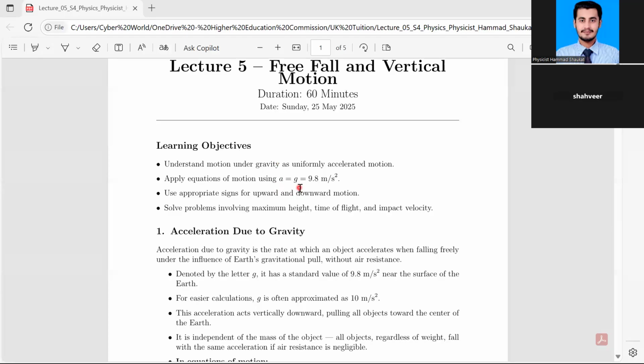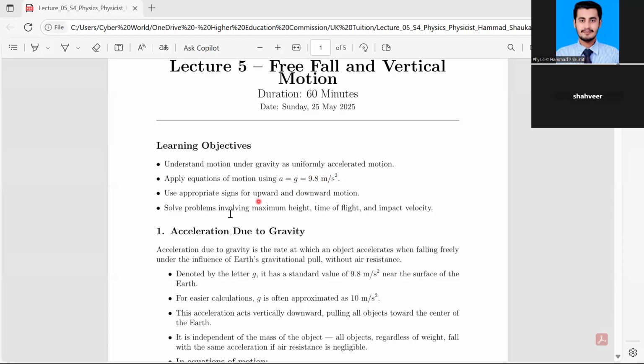If bodies are moving, they are accelerating, and under the action of gravity bodies move downward. This type of acceleration is called gravitational acceleration, denoted by small g, and its value is 9.8 meters per second squared. Remember this constant value.